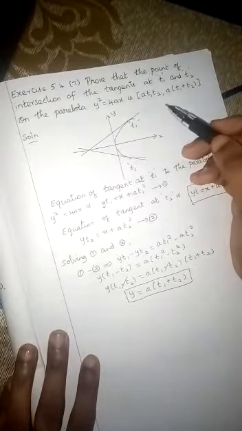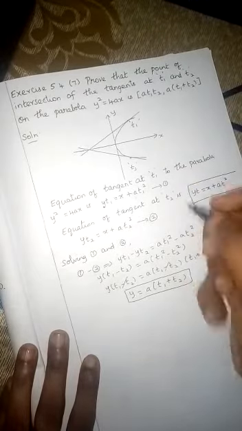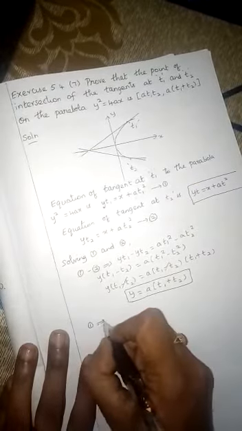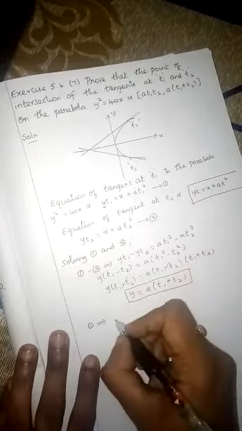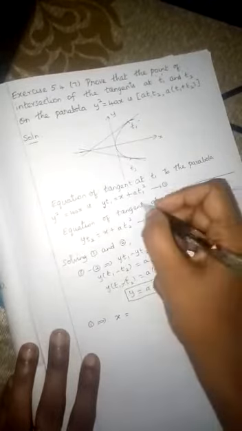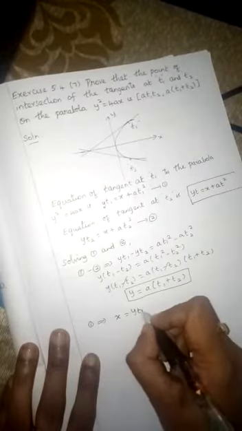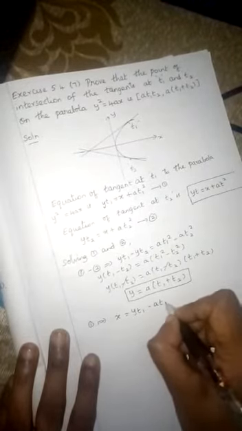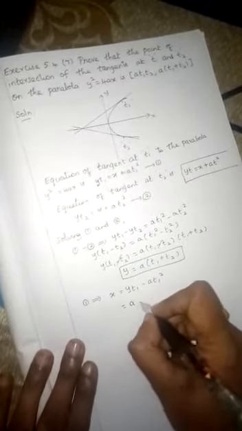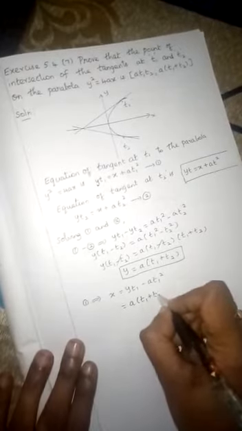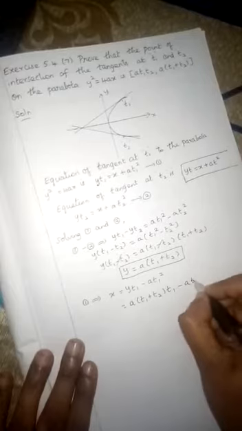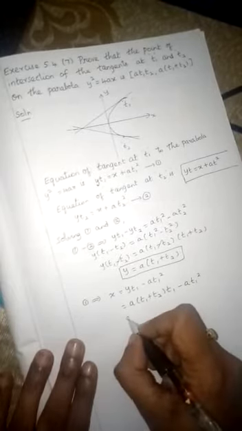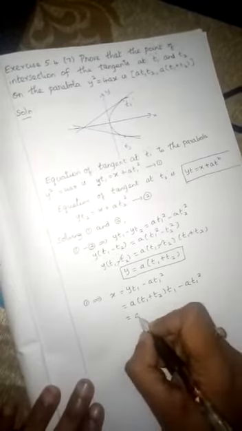Now you can find the value of x. You can replace it in equation 1. So equation 1 implies, before replacing, I am taking this term to the next side, that is x is equal to, x only we need, isn't it? X is equal to y t1 minus a t1 square. Now you can replace the value of y. So a into t1 plus t2, this is the value of y into t1 minus a t1 square. So what term you can take outside? A t1 you can take outside, isn't it?